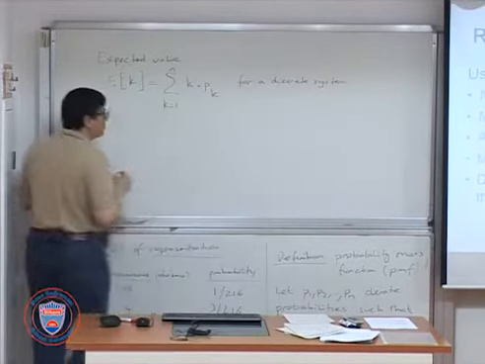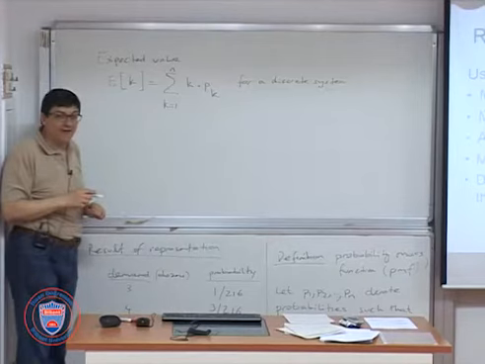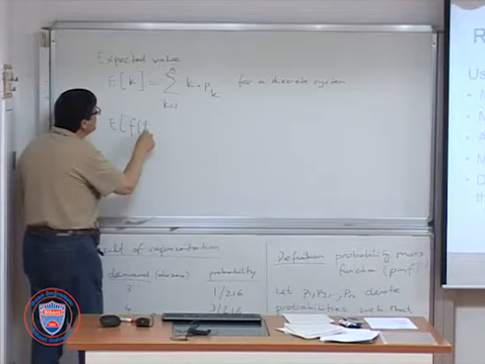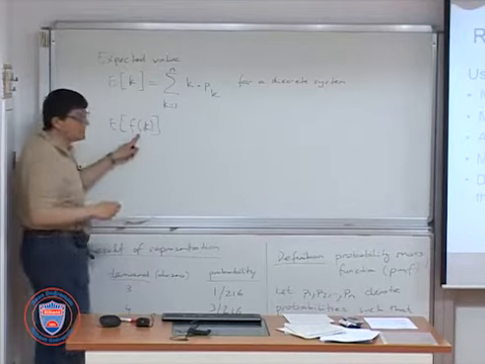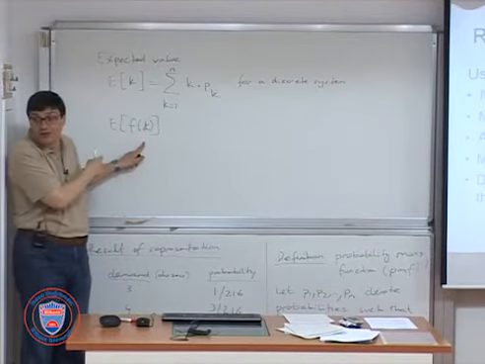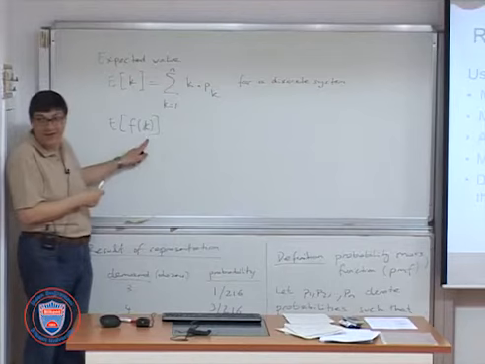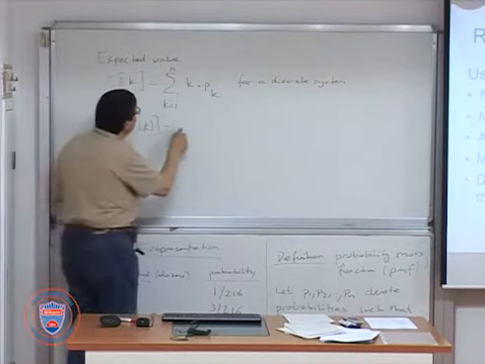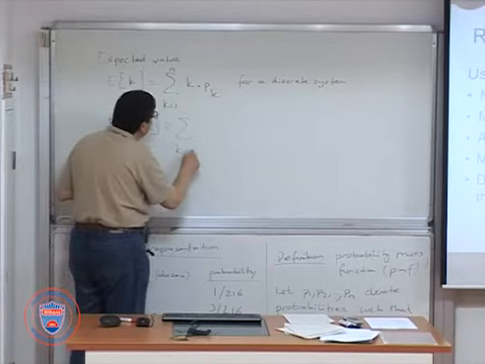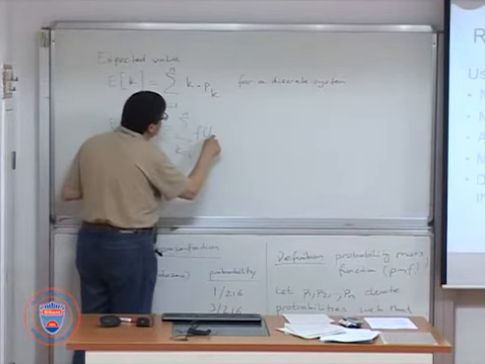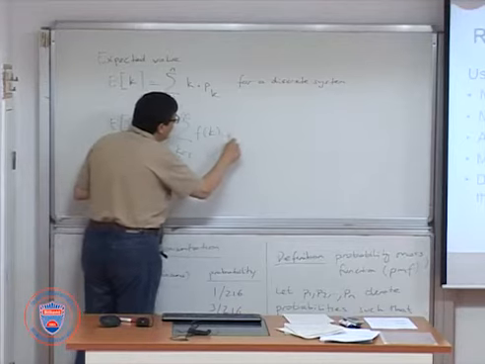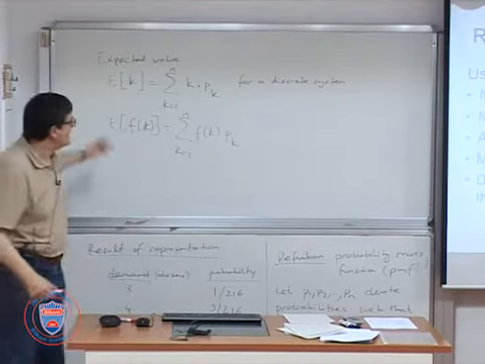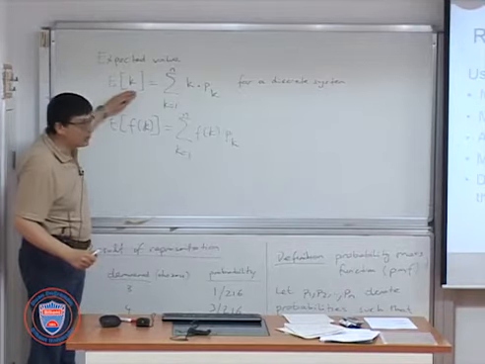Now, of course, you might want to evaluate the expected value of a certain function of k. This is a certain function of k, like a profit function, which depends on the demand, like the one that we have. And this is actually written in a similar way, but instead of k, we are going to have f of k.